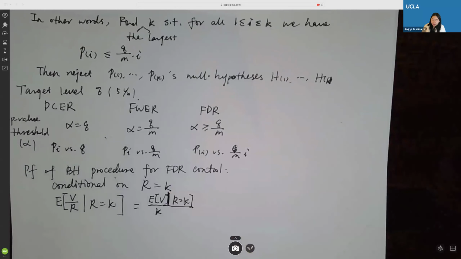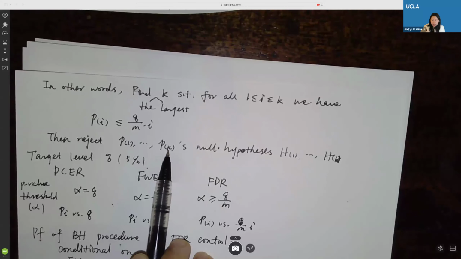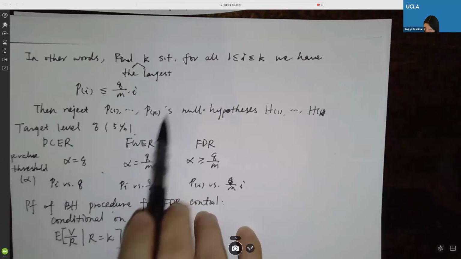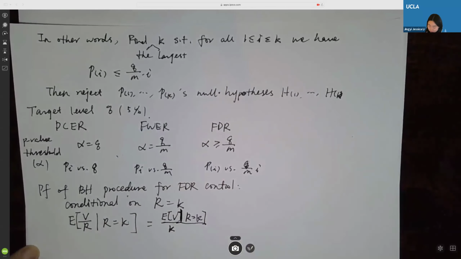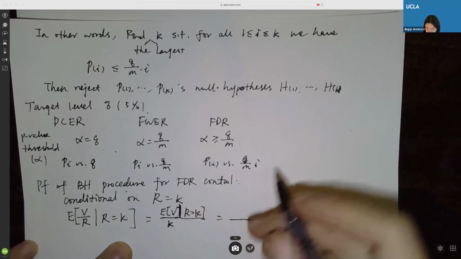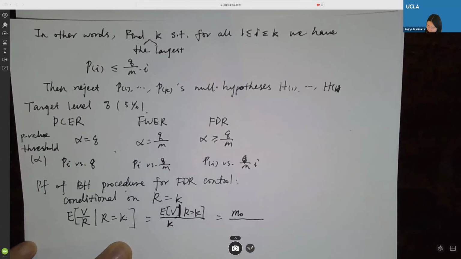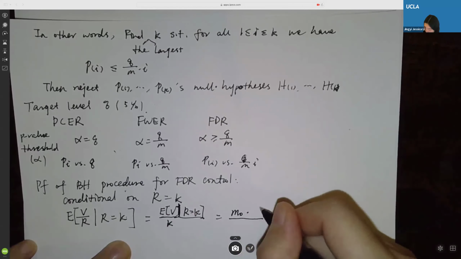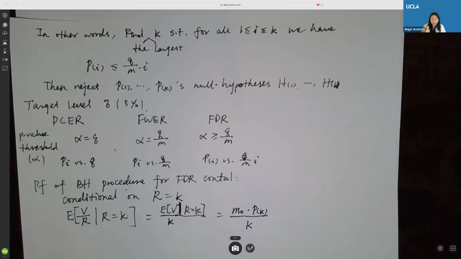And given R being K, it means that the p-value threshold is set to be the largest p-value that's rejected, and that's pk. So pk is essentially the p-value threshold we choose, right? We cannot choose larger than that. So in this case, the number of false positives is m0, the number of true nulls, times the p-value threshold, and that's pk, divided by k.